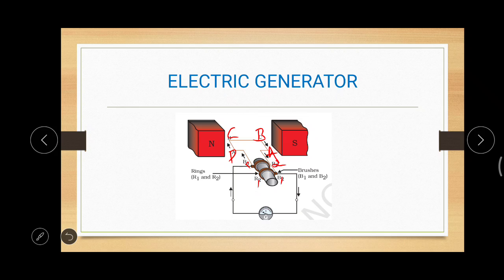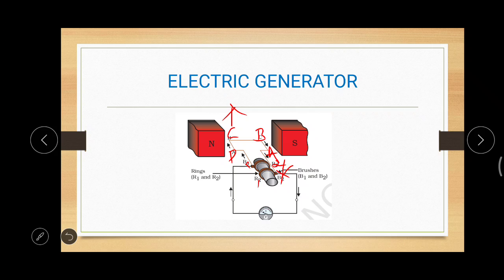Okay. Now, again, here the CD is moving upward and AB will be moving downwards. The rotation is in the same direction only. That means the CD moves upward. After one rotation it will become like this, and CD moves upward and AB moves downward.